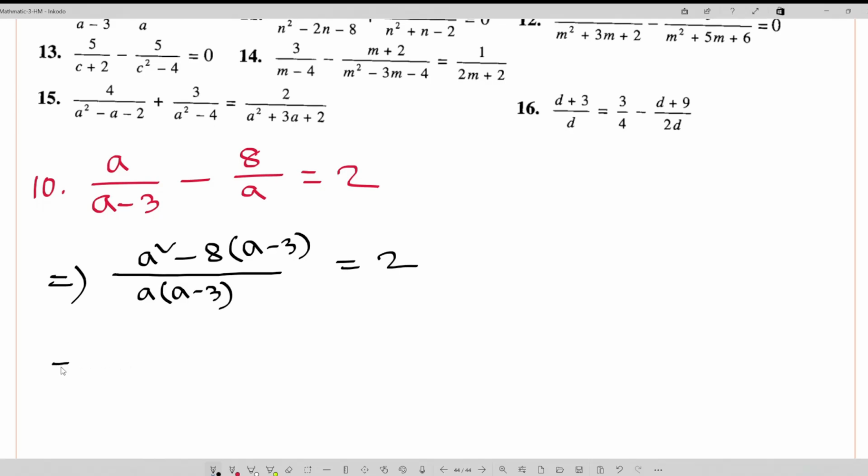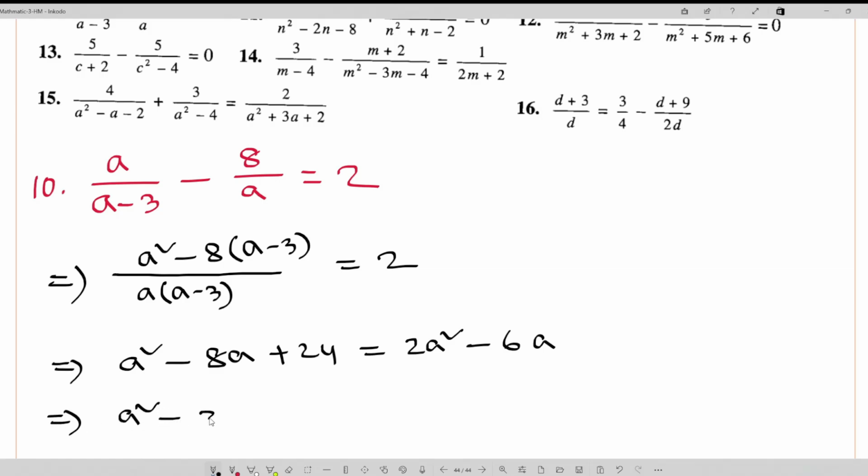Then here is a square minus 8a plus 24 equals 2a square minus 2a times 3, which means 6a. So here a square minus 2a square minus 8a plus 6a plus 24 equals 0.